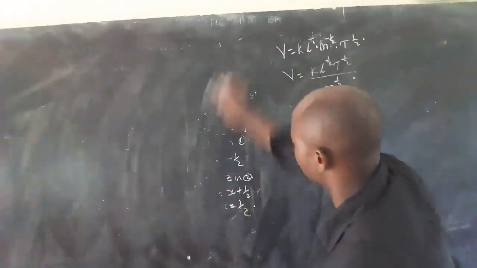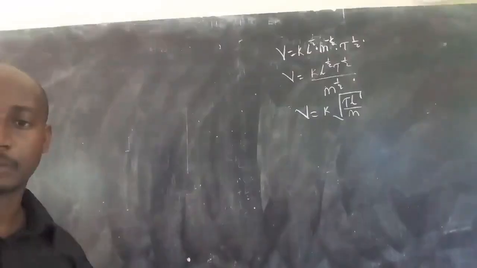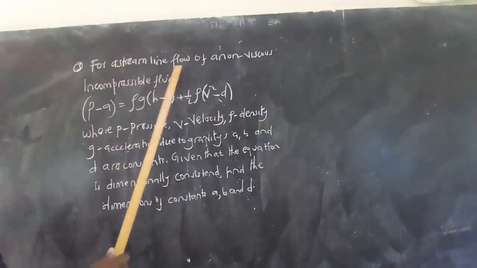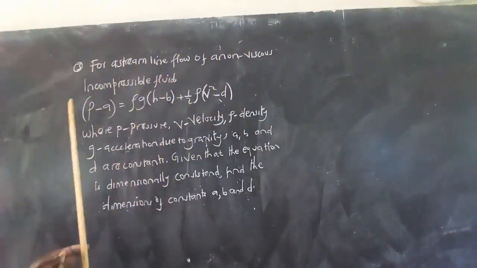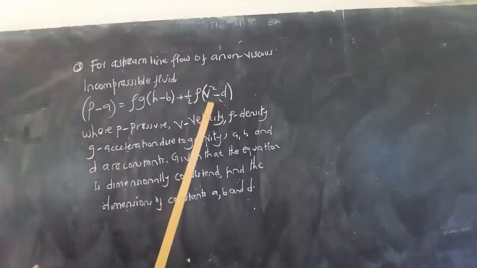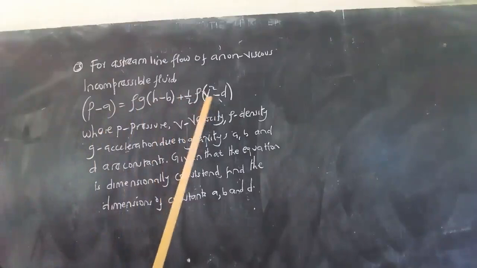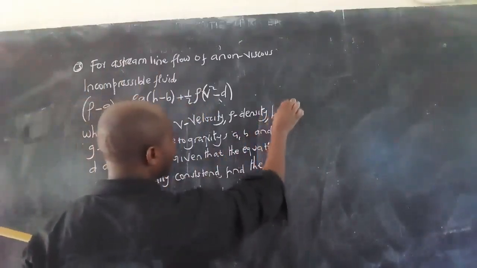More examples. More what? Examples. We proceed. We are saying that for streamline flow of a non-viscous incompressible fluid, this equation relates pressure, density, and h, where h is height.